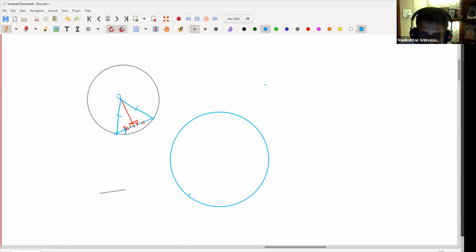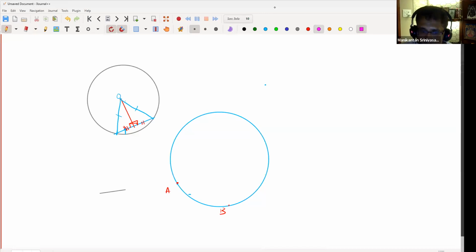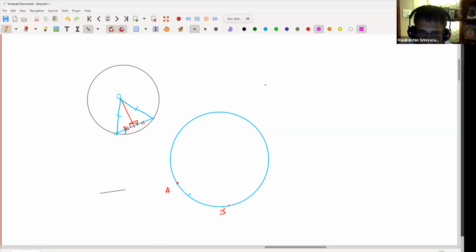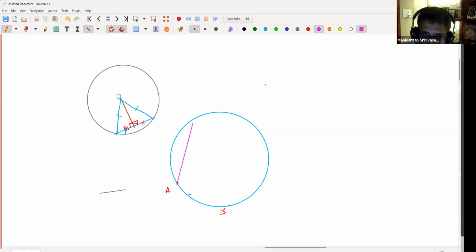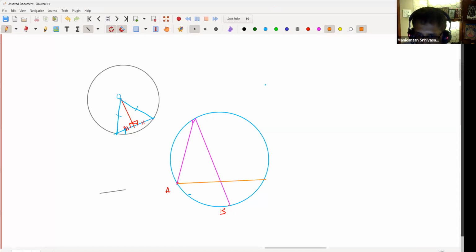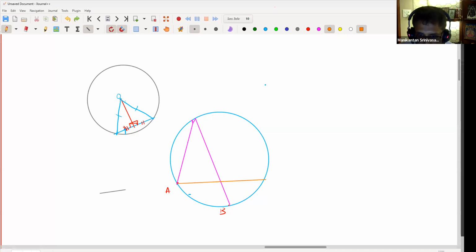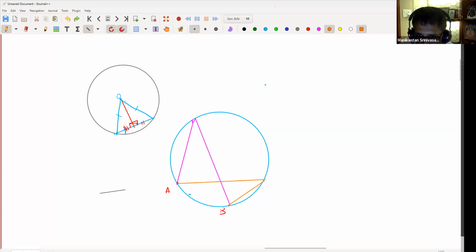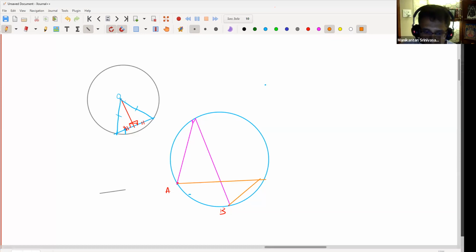If I have two points on the circle somewhere, let's say A and B, right? If I touch the circle somewhere and come back, no matter where I touch and come, if I go here and come, or if I go here and then come back here, all of these angles are the same.